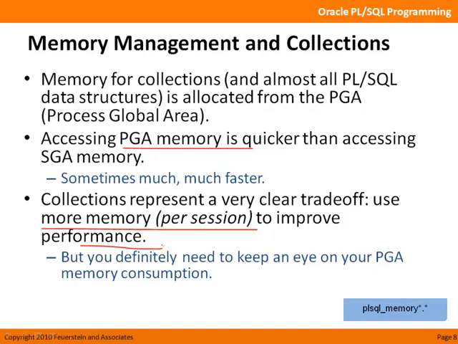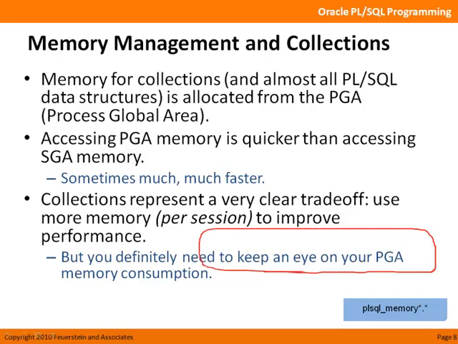So in general, as you start to work with collections more and more, you've got to keep an eye on your PGA memory allocation, because the amount of memory your program uses will be multiplied by the number of simultaneously connected sessions that run your programs, that run your application.